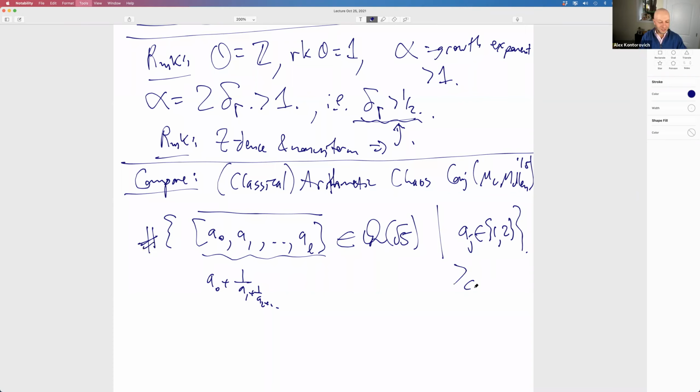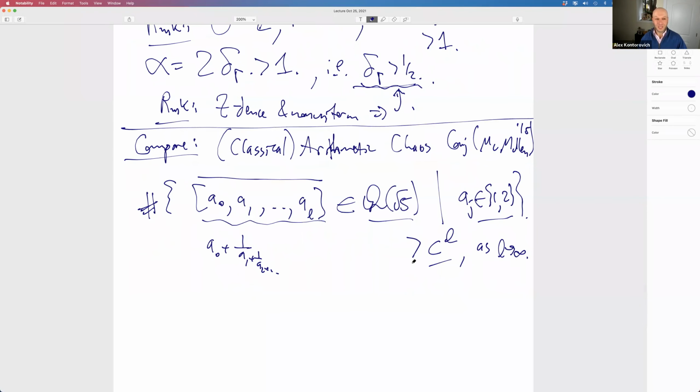At least like some constant to the L as L goes to infinity? This is the positive entropy of the set of low-lying closed geodesics on the modular surface restricted to lie in a particular field. So that's where this interest came from.